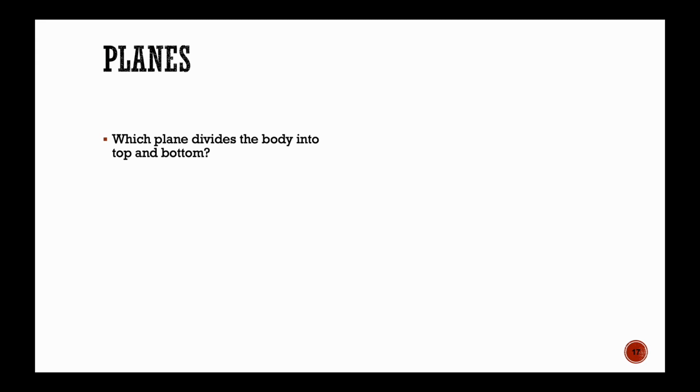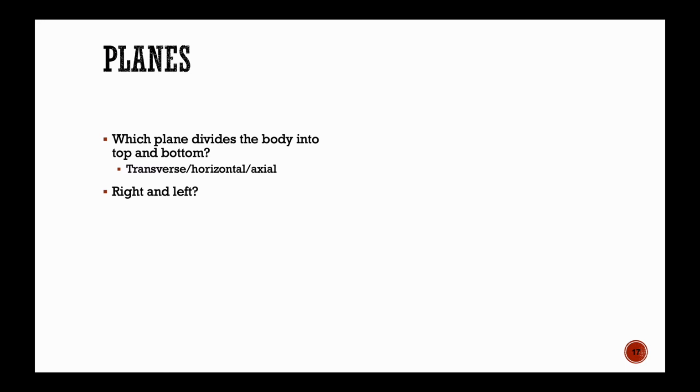So which plane divides the body into the top and bottom? So that should be our transverse plane, also known as horizontal or axial. I know, everything has multiple names when we get into anatomy. So this is our transverse. It divides it from top to bottom.